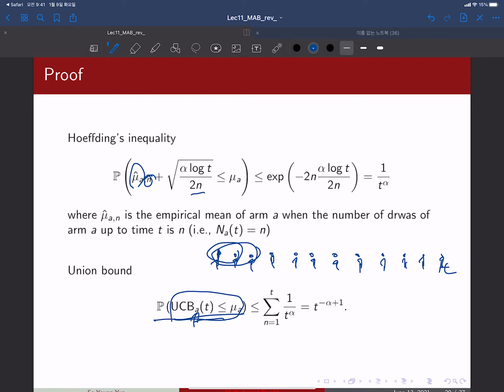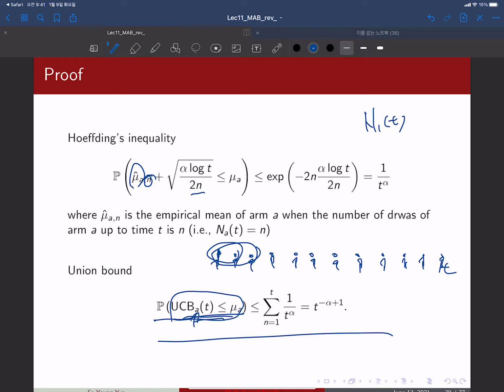If everyone satisfies this UCB condition, then with any N1t value, we can say that UCBAt is less than or equal to the mu A value.